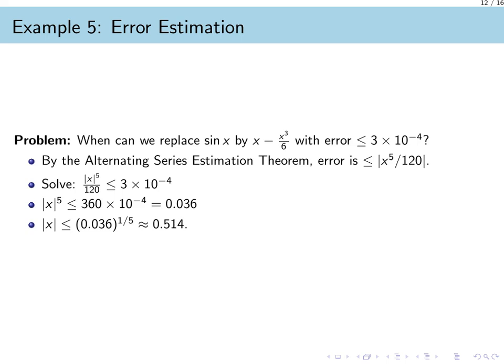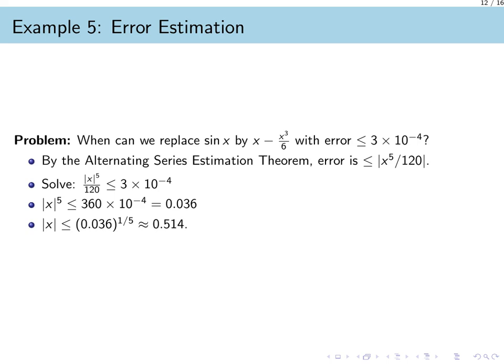In this case, we are using the terms up to x cubed over 3 factorial. The first unused term is x to the power of 5 divided by 5 factorial. Therefore, we set up an inequality where the absolute value of x to the 5th over 120 must be less than or equal to our desired error tolerance.